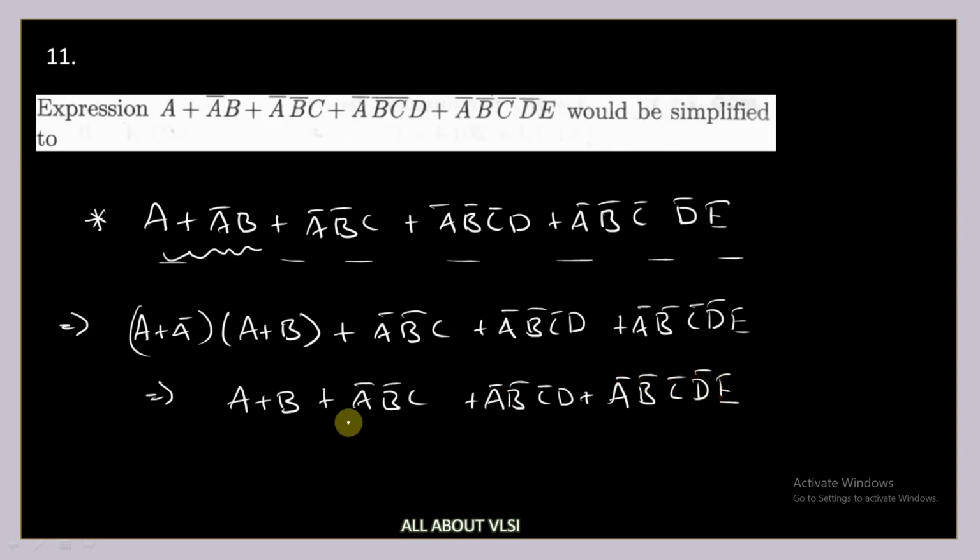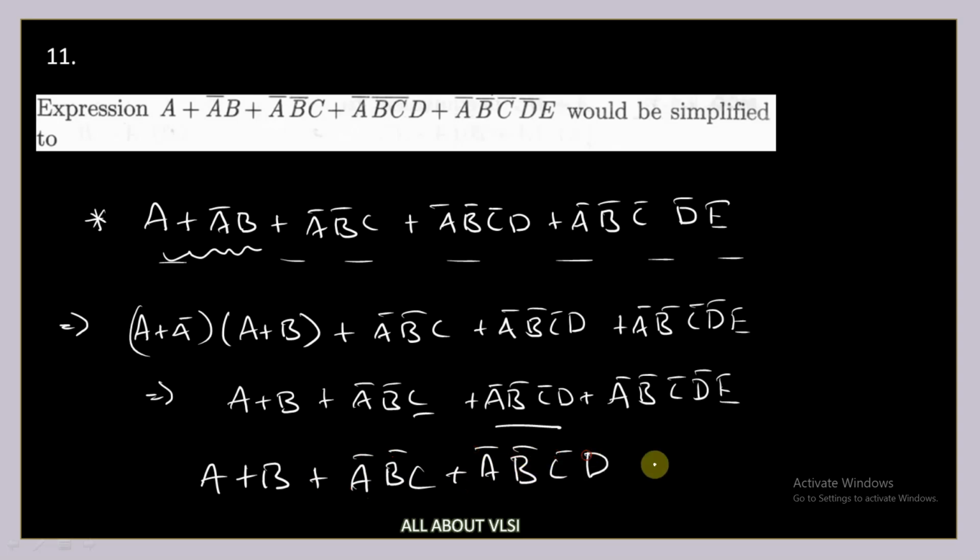And what can I take common? If I apply the distributive law in these two terms, then I will get a + b + a̅b̅c + a̅b̅c̅d. Or else, what can I do?